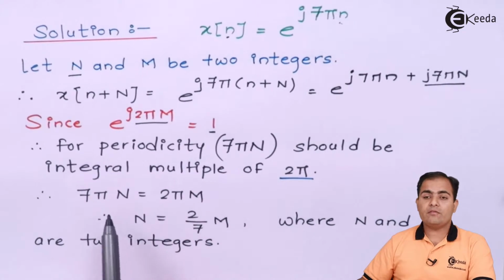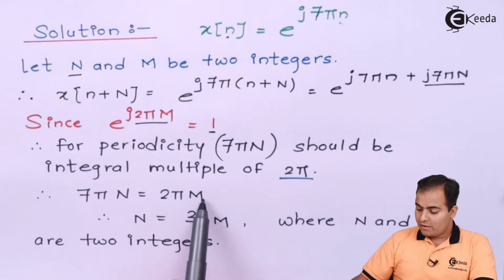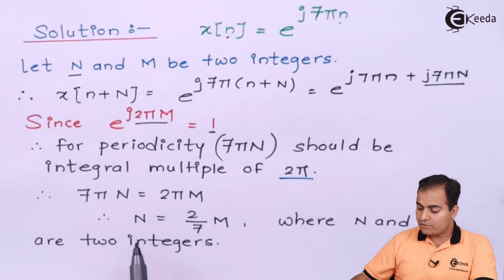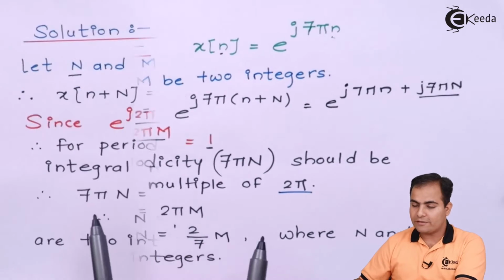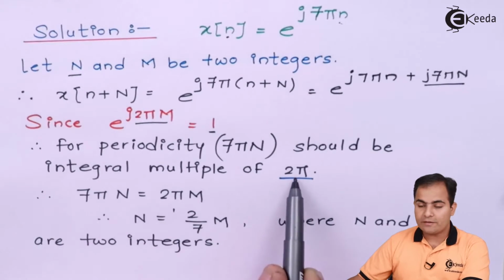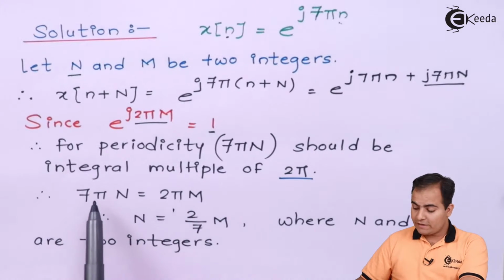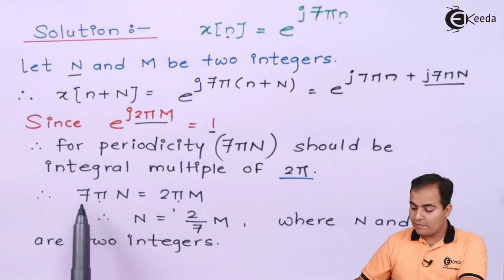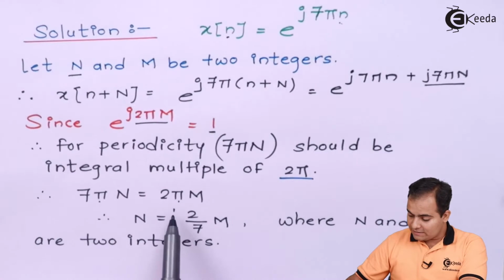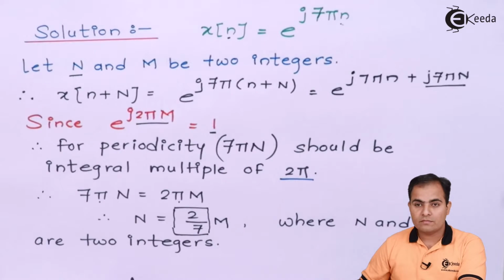After comparing, you get 7 pi N is equal to 2 m pi. Pi gets cancelled and 7 will be in the denominator. So N is equal to 2 by 7 m, and this is a ratio of two integers.